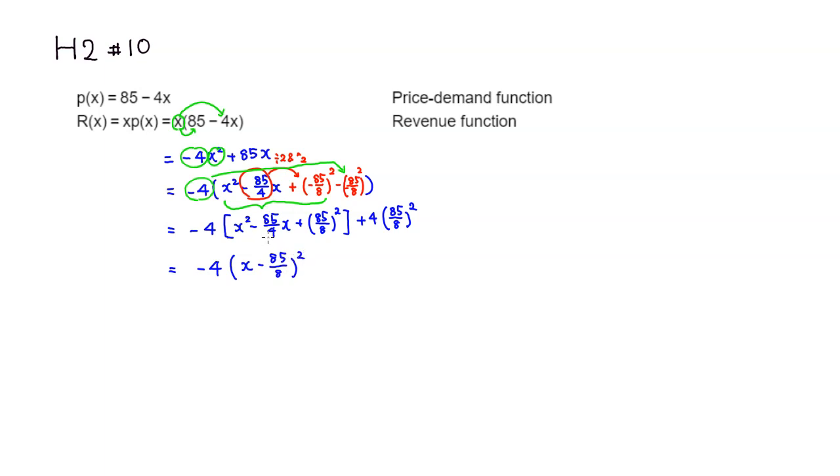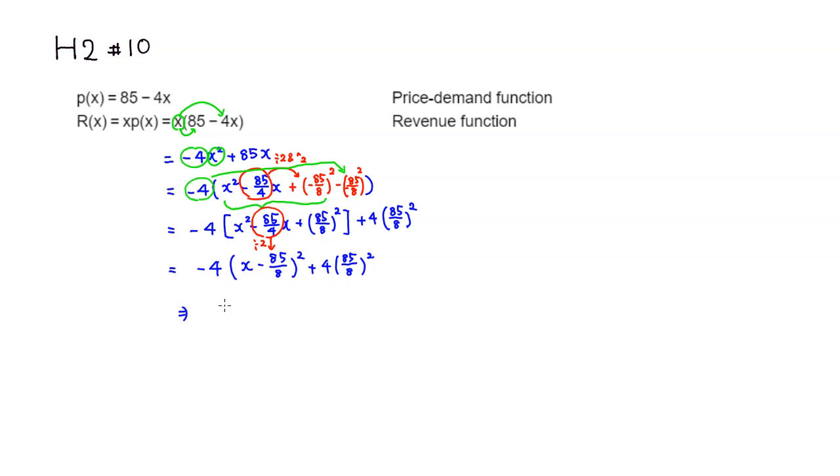So remember that you can just take 1/2 of that, you get that. And plus, we still have 4 times 85 over 8 squared, right?